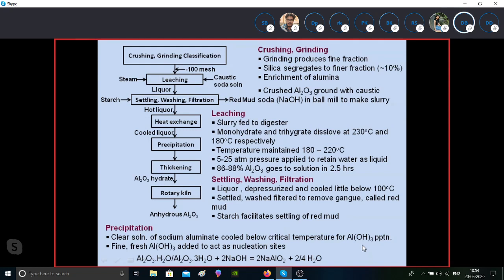So what we end up with is coarse particles of aluminum hydroxide. This aluminum hydroxide is subsequently treated in a rotary kiln to make pure Al2O3.